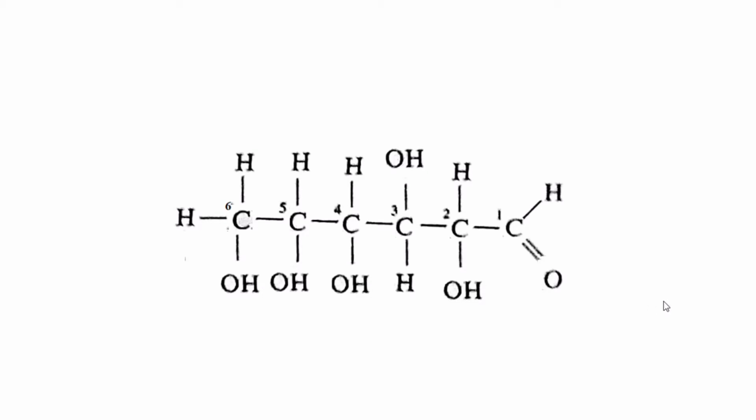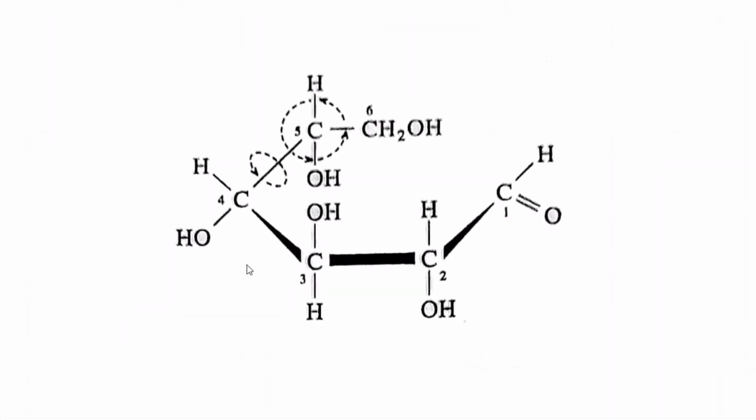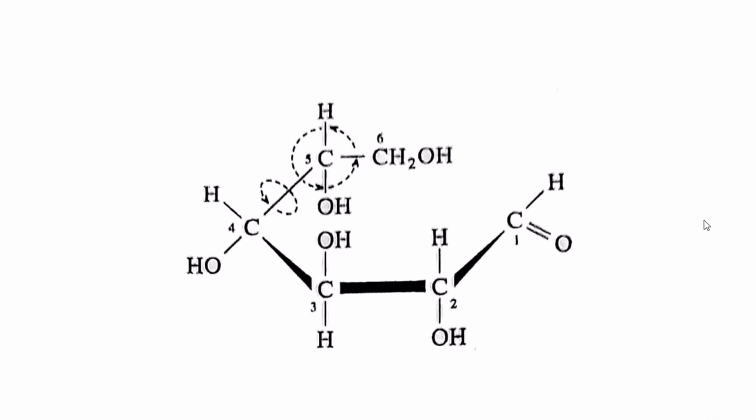I can also draw this structure like that, when I bend some of those bonds between C1 and C2, C3 and C4, C4 and C5, so we get this structure here that you can see. So here's the aldehyde group, this is carbon number 5 and this is carbon number 6, CH2OH. So what will happen here?